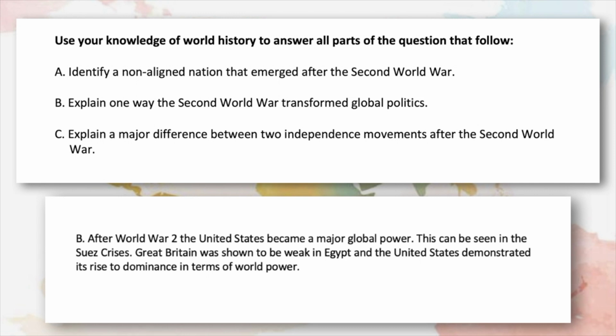I have podcast content out, and this is exactly how I explained this in the podcast, that the Suez Crisis was really the event that showed that Britain was no longer the preeminent power in the world. The U.S. had kind of eclipsed them. So that's where the student got it. But no, this doesn't count because there's no explanatory power here. So remember, the bar from A to B goes up significantly, and there is no point here.